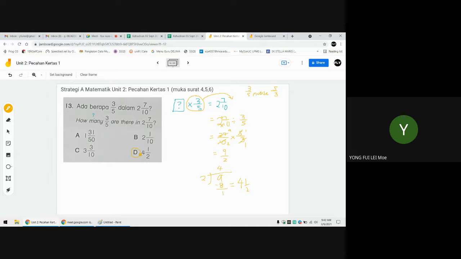So your answer should be D, by logic. So this is the beauty, the perks of doing paper 1. You have the answer, but don't just shoot blindly. Don't just guess. You have to make sure which one is the correct answer.